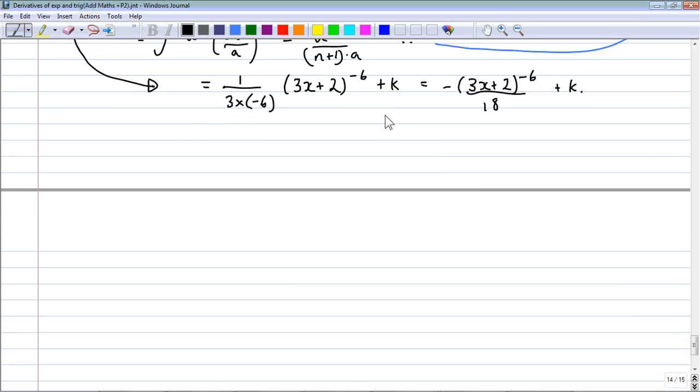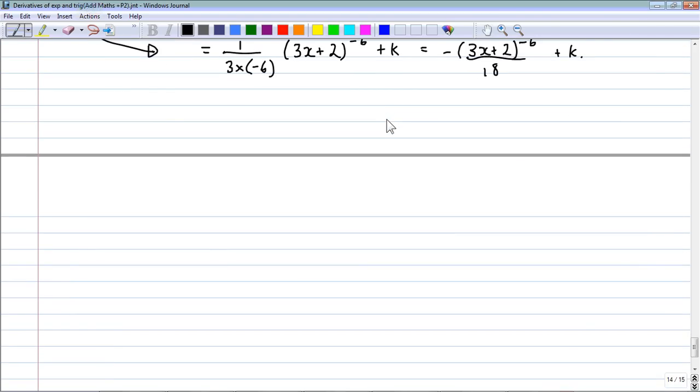Okay, so now let's think about cases like this. The derivative of sine 3x. What's the answer? Well, using the chain rule we could write u equals 3x, and we can easily calculate that d by dx of sine 3x is 3 cos 3x.